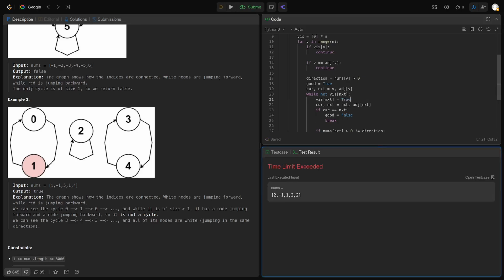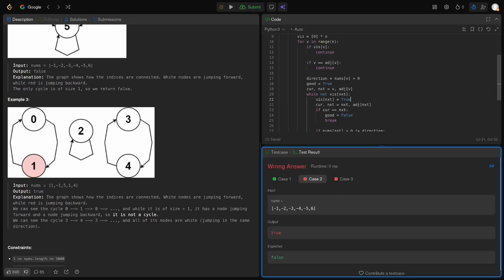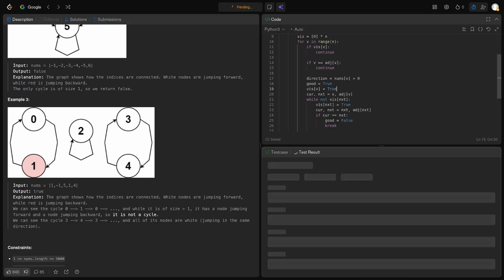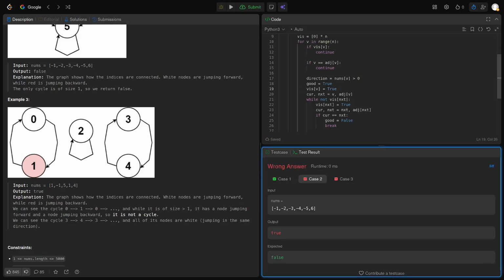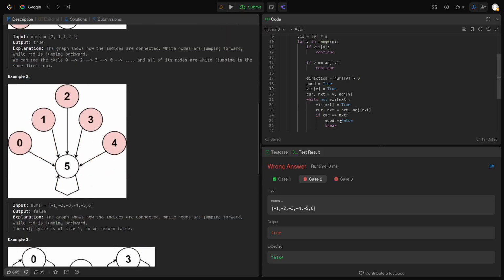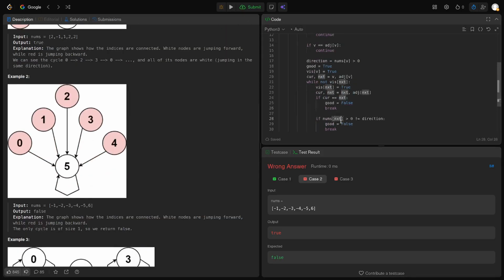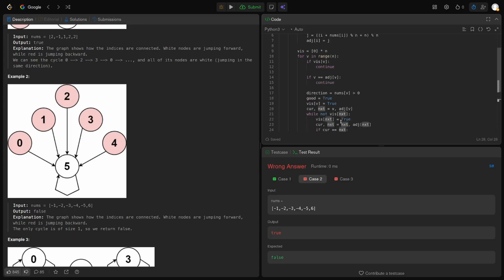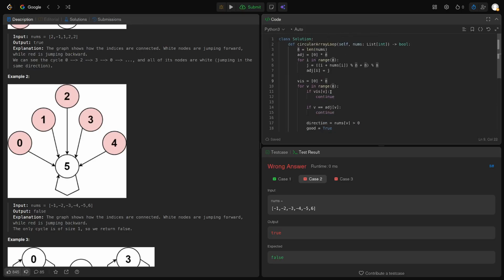This could work. Let's see. How come this is true? Yeah, stack needs to be used.